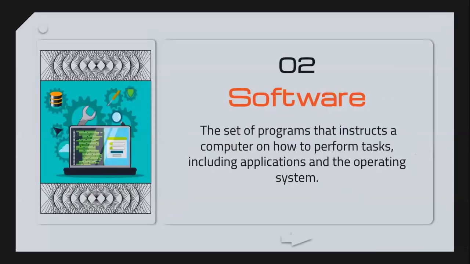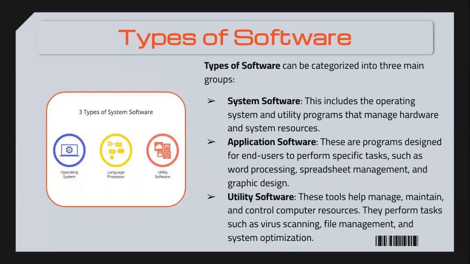And then we're going to talk about software and the computer. These are the programs that instruct a computer on how to perform tasks, including applications and the operating system. There are some types of software, which include system software, like the operating system and utility programs that manage hardware and system resources.